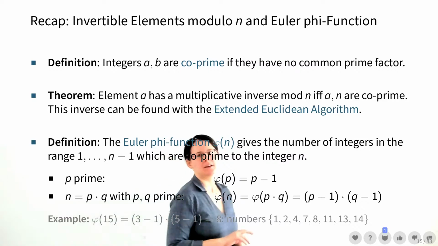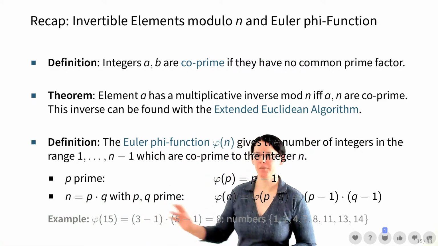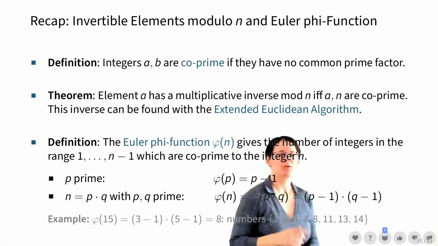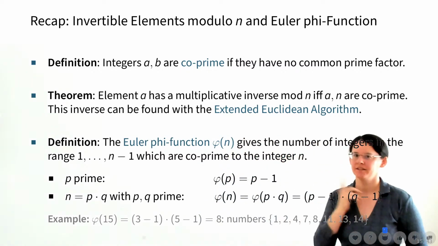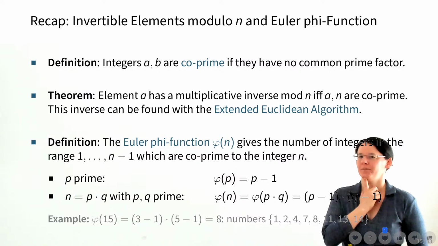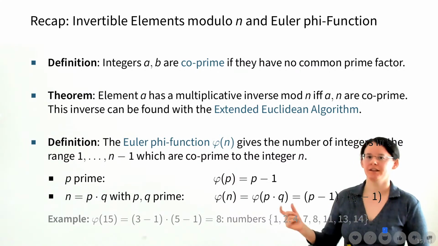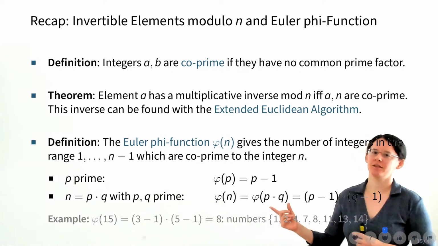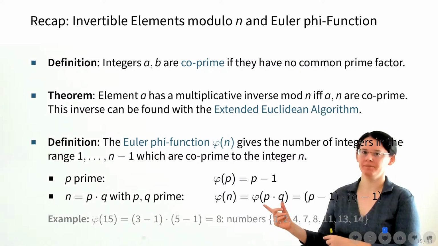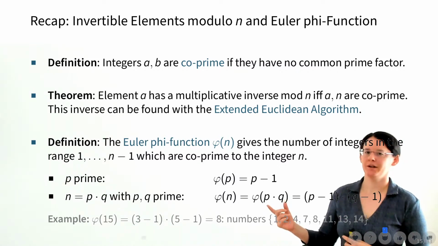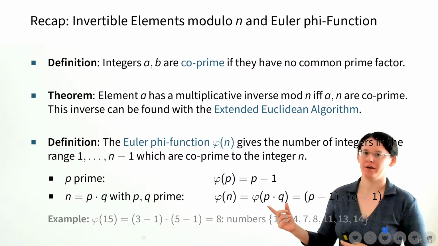What if we look at a composite number, for example a number with two prime factors, p and q? Which numbers less than p times q don't have a shared prime factor with p times q? The only prime factors that could be interesting here are p and q, because these are prime numbers. This means that all multiples of p and all multiples of q below p times q would have a shared prime factor.